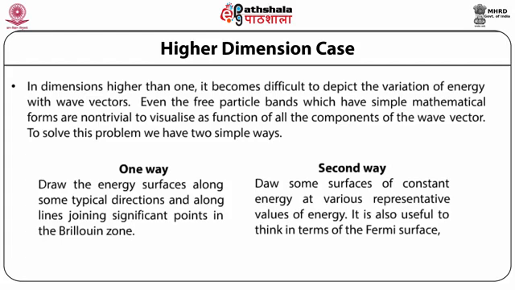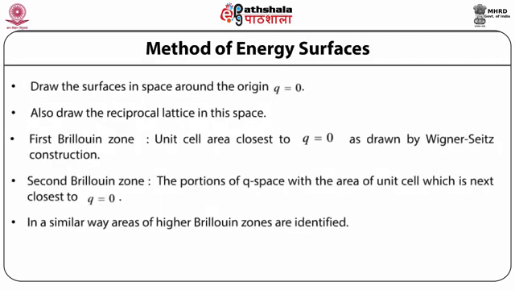In the following, we use the method of energy surfaces, which is particularly helpful in 2 dimensions. So we formally start with the method of energy surfaces. Now what one has to do is first draw the surfaces in a wave vector space around the origin q equal to 0.